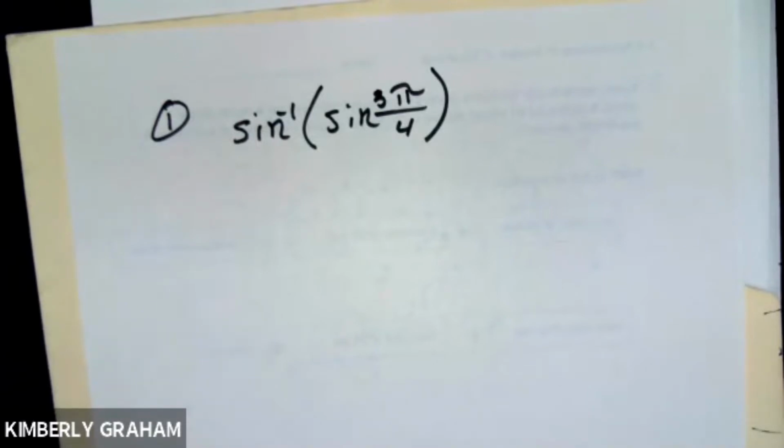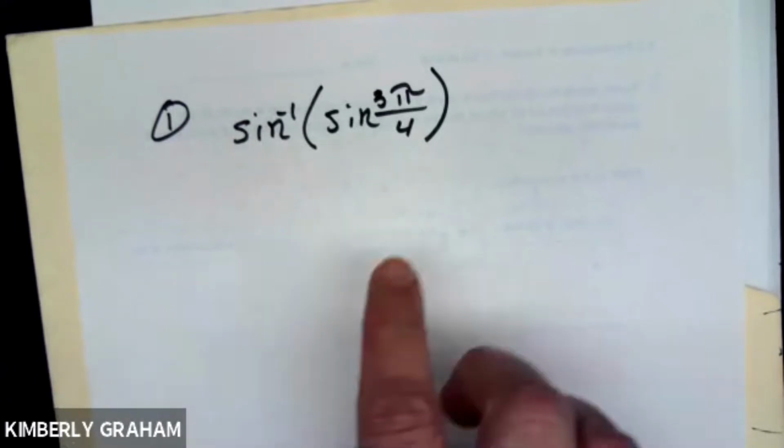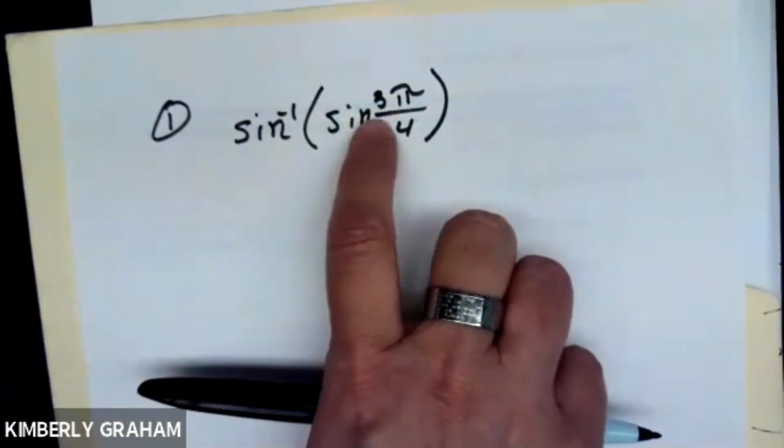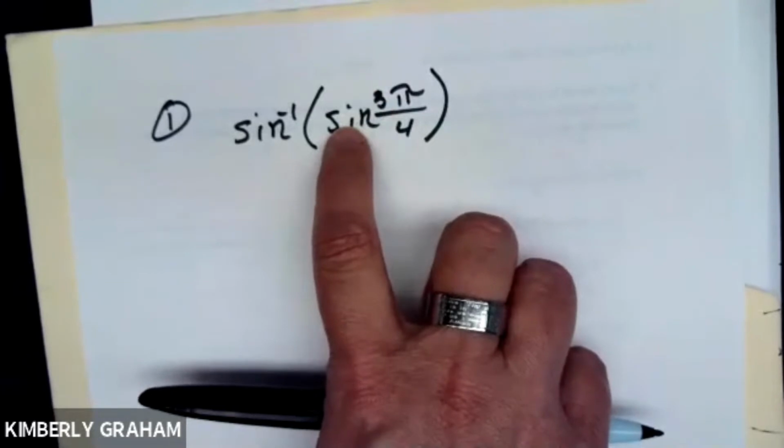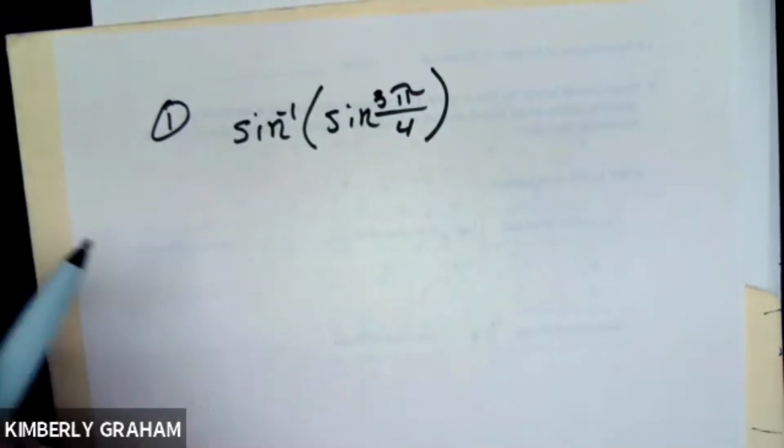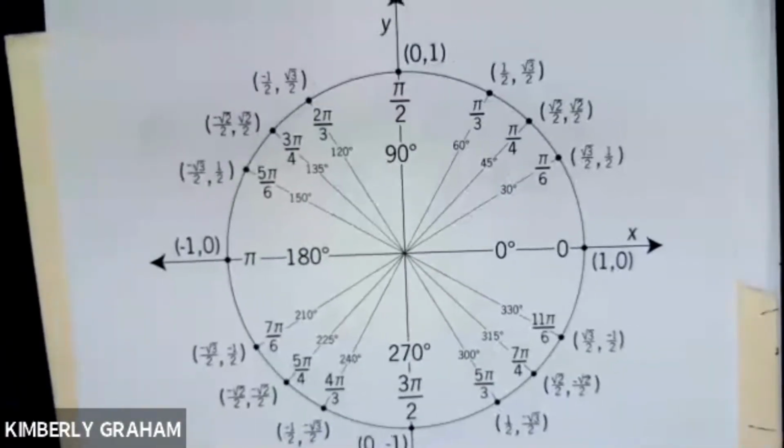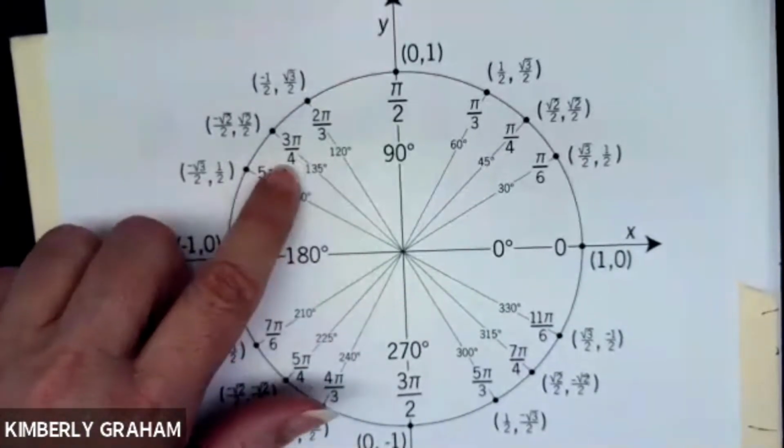Okay, so just like finding the f of g of x that I just did, I start with this inside part. I need to find sine of 3 pi over 4. Well, I can use my unit circle.